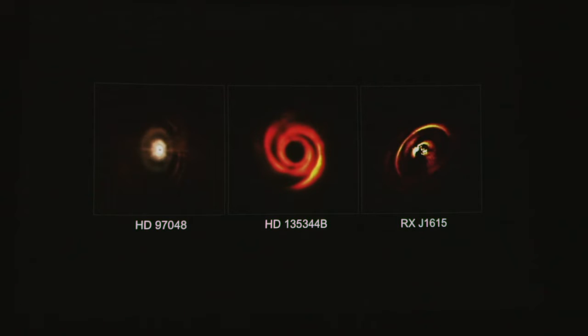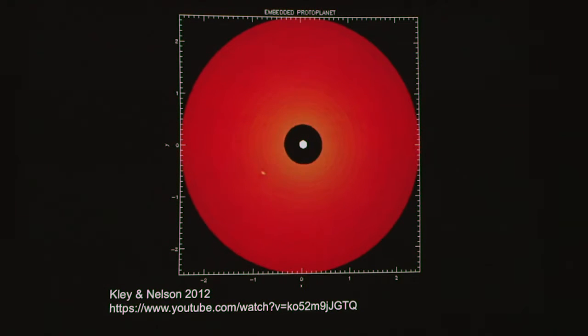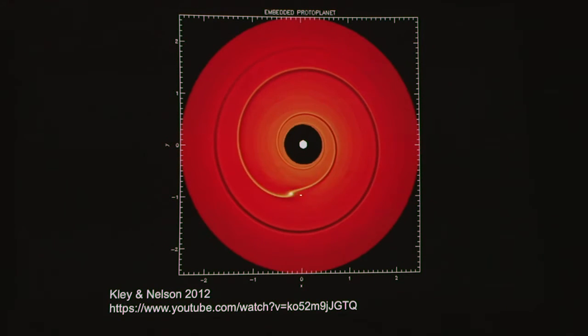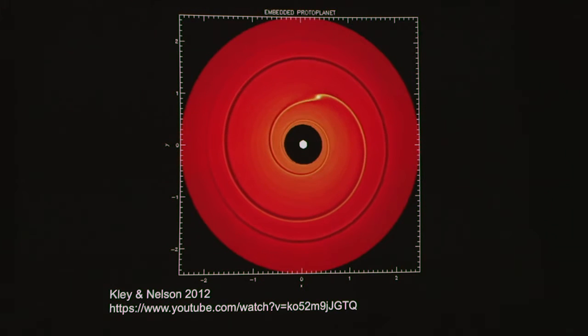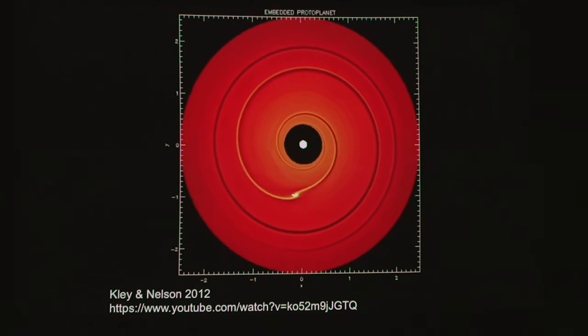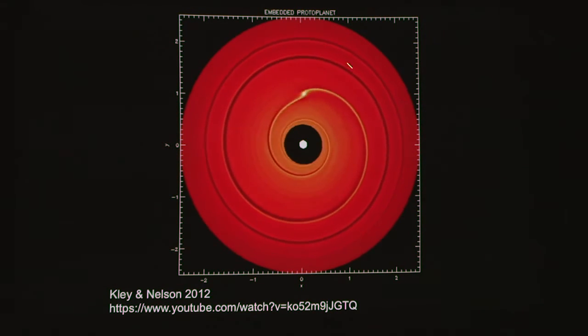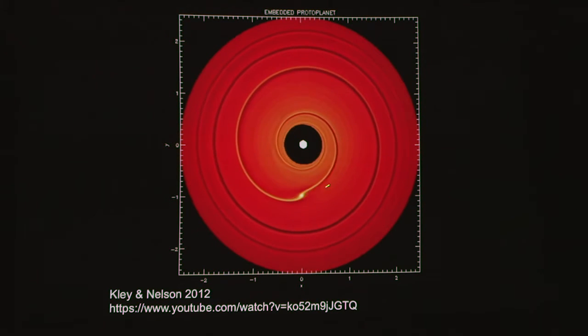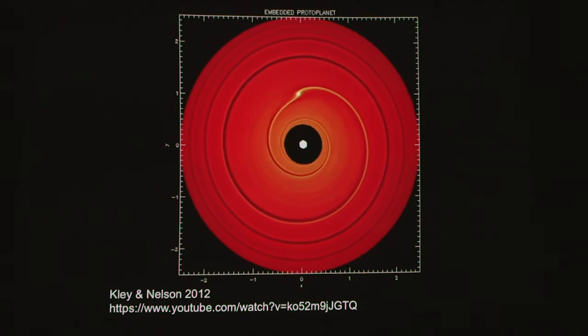Well, again, we can turn to computer simulations and the theoretical work that astronomers have been doing for many decades. And so here is a computer simulation showing a protoplanetary disk, and then a planetary core that's in orbit around it. And what happens is that as the planet pulls in gas from the disk, it excites these 2 spiral waves. So there's a wave that's going out as well as a wave that's going in.